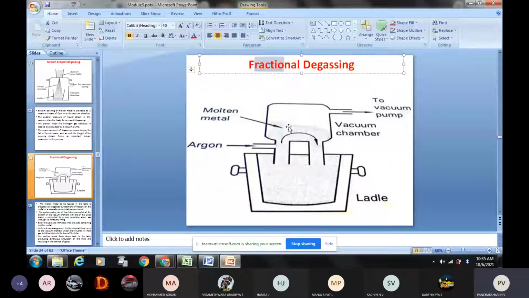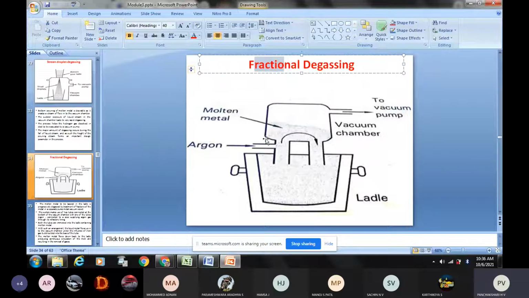Therefore, it is called fractional degassing. Okay. So it continues until all the dissolved gas is completely removed. Till then, this process will be continued. So this is the fractional degassing technique.